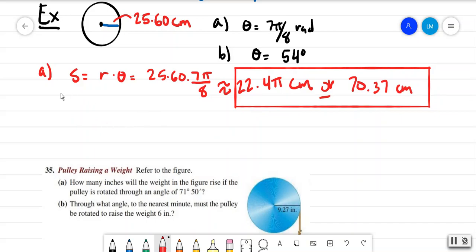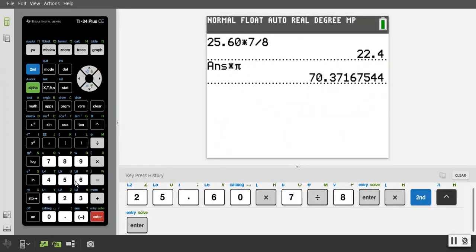If you look at part B, it's a little different because it's not in radians yet, so you have to convert it. Take your theta, your 54 degrees, and multiply by pi over 180. If you want, you can reduce this, for example 54 divided by 180.